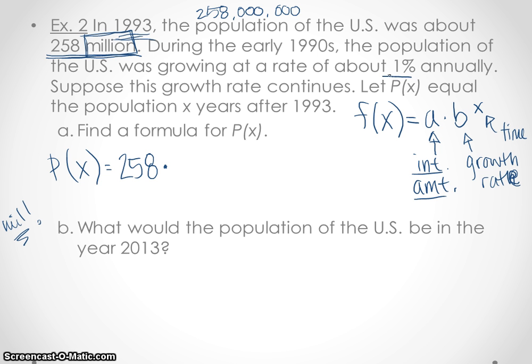Okay, so now our growth rate is 1%, which, pay very close attention to what I'm about to say, because this is something that is difficult for some people to grasp here. There's actually two things that we need to remember here. The first thing being, are we allowed to just put 1% in there? No. So we're going to have to change that to a decimal here in a second.